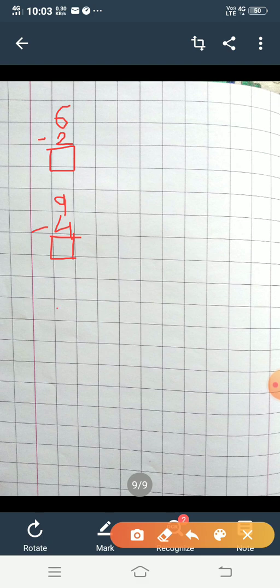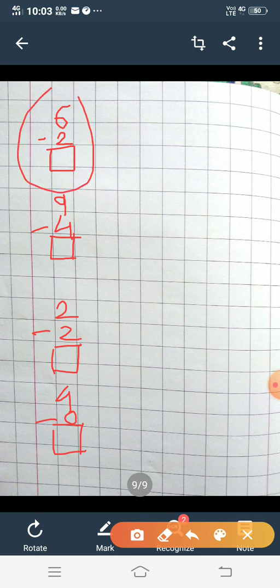Then 2 minus 2. Then 4 minus 0. See children, here in this one, which is the bigger number?